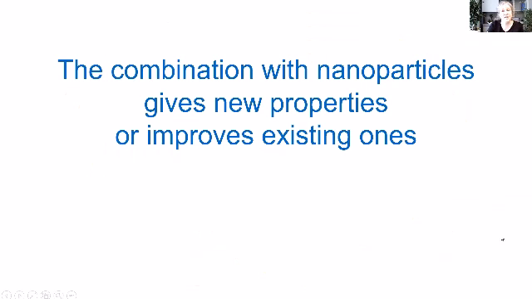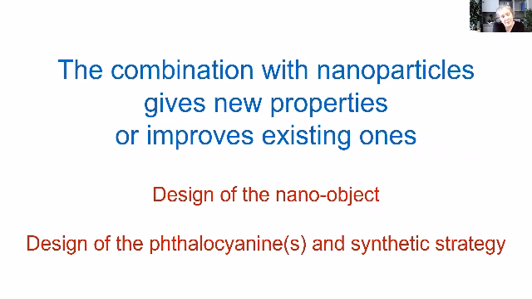And the thing is that when you combine this phthalocyanine with nanoparticles, you get either new properties or you can improve the existing properties. And then our job as chemists is first of all to design the nano-object. This is the first step, to decide what is the final target, what do we want to obtain at the end in terms of nanoparticles.